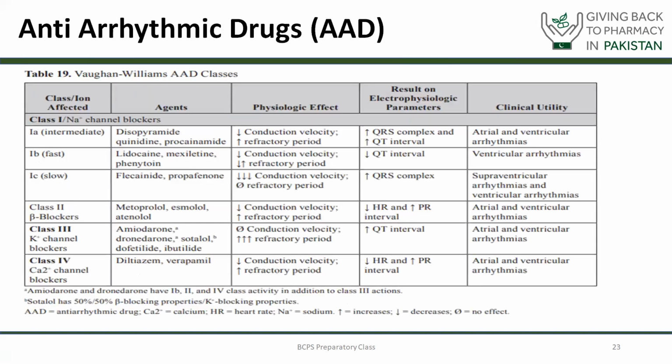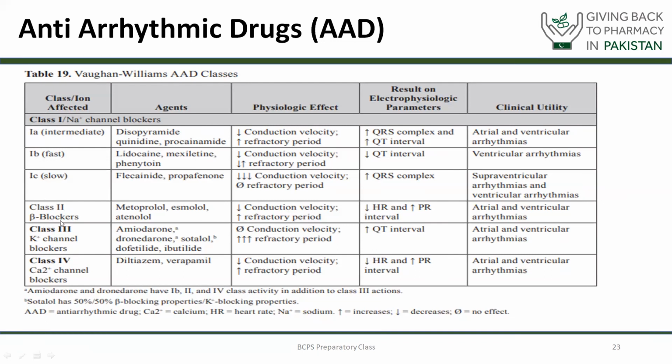So there are antiarrhythmic drugs. Basically, the heart has a specific cycle: polarization, depolarization, repolarization. So these drugs act on specific parts. There are 4 classes: class 1, with 1A, 1B, 1C.